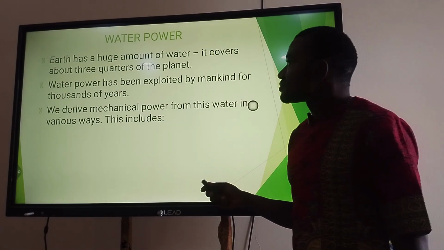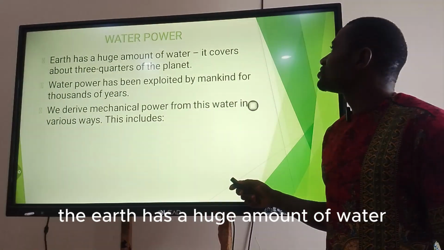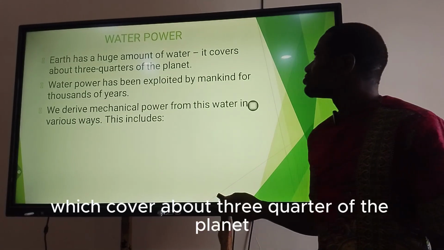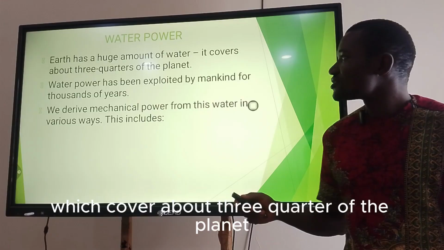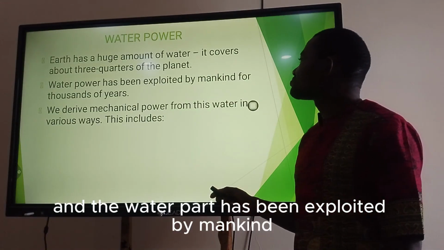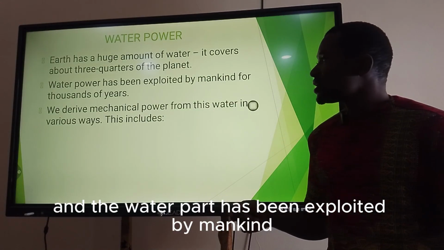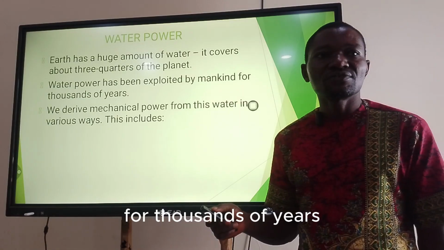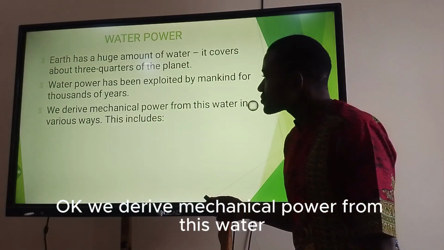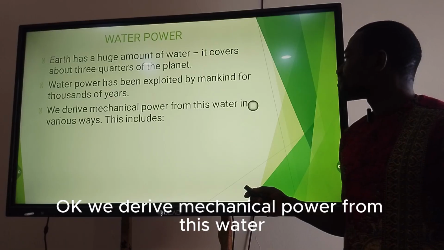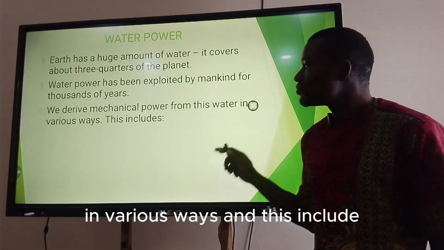So, the Earth has a huge amount of water which covers about 3/4 of the planet. And water power has been exploited by mankind for thousands of years. We derive mechanical power from this water in various ways.